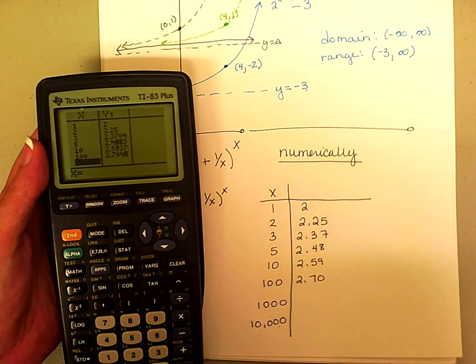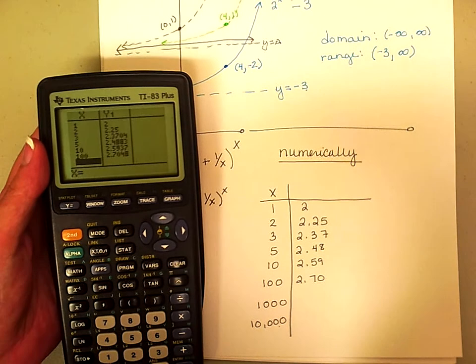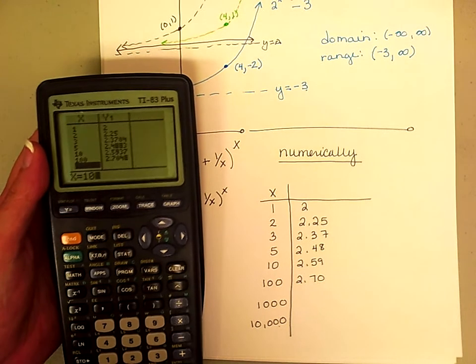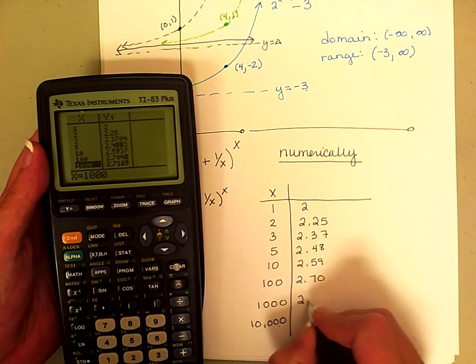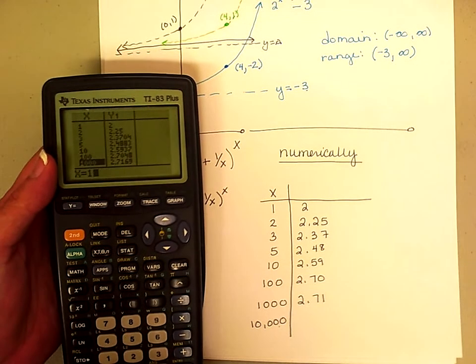And this is what we're wondering now. Well, is there a limit then? As values of x get larger and larger, if y starts to slow down, is there a limit to it? So we could look at 1,000. And from 100 to 1,000, we're at 2.71.